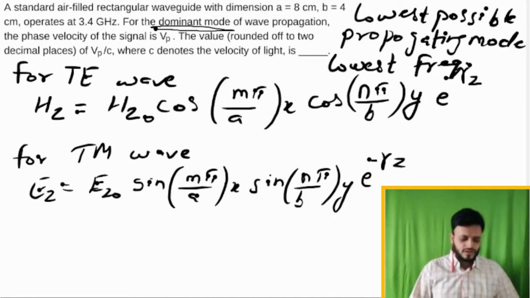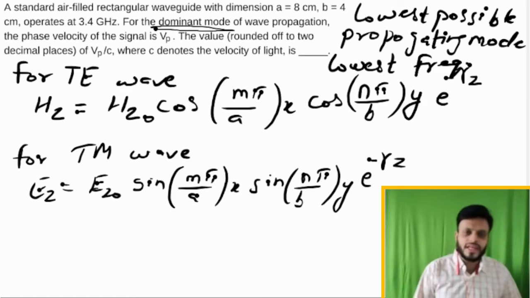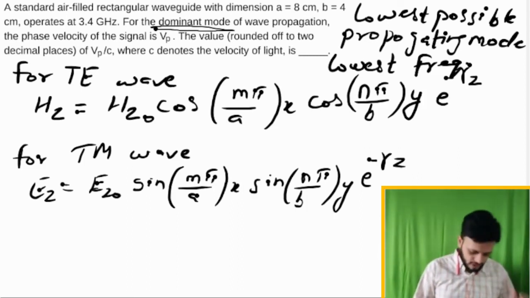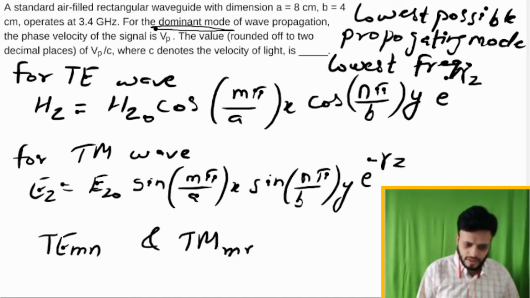Fine. Now we have here TM wave and TE wave. So now, to understand how this dominant mode is coming, we need to understand two things. First is TE mn and second is TM mn.